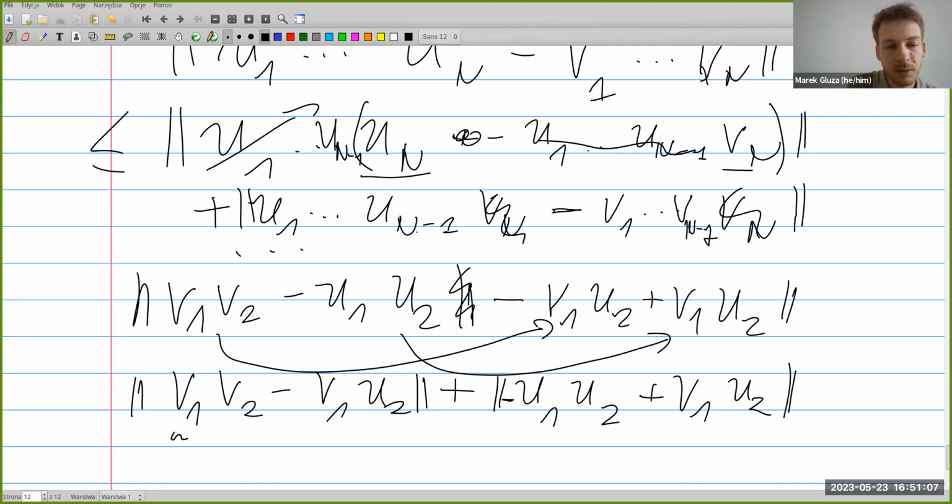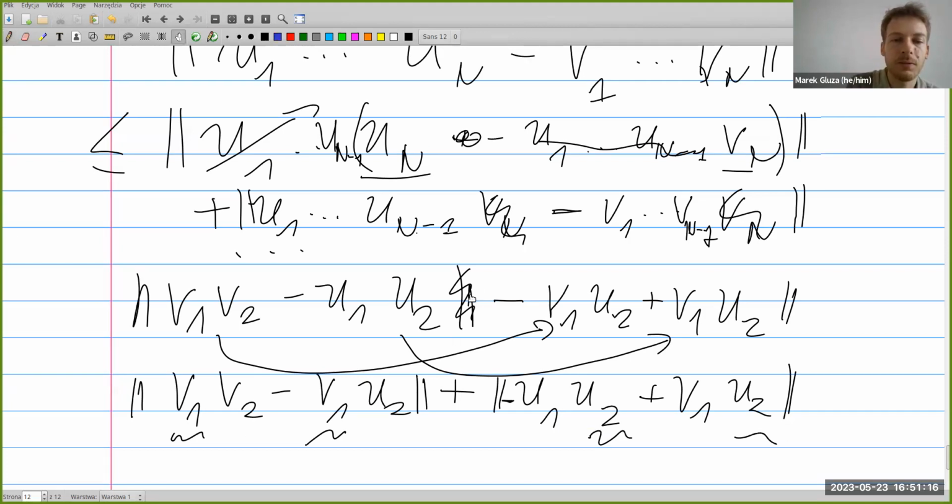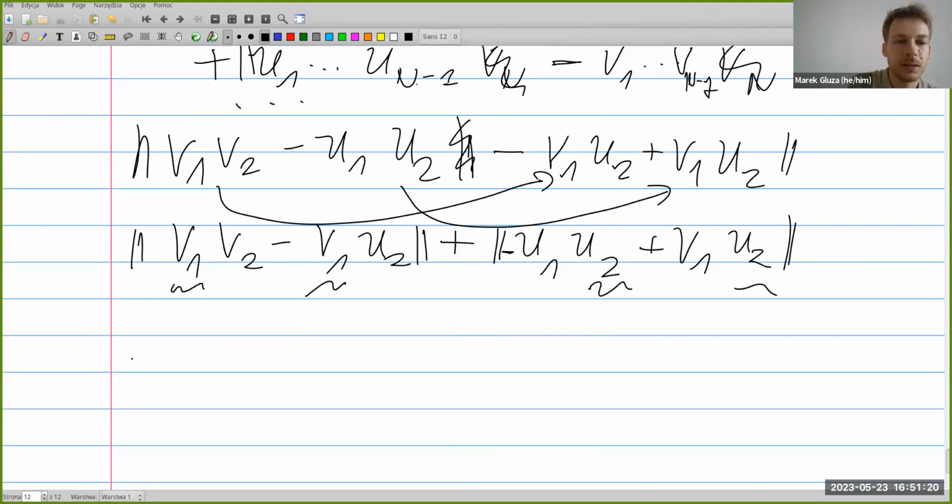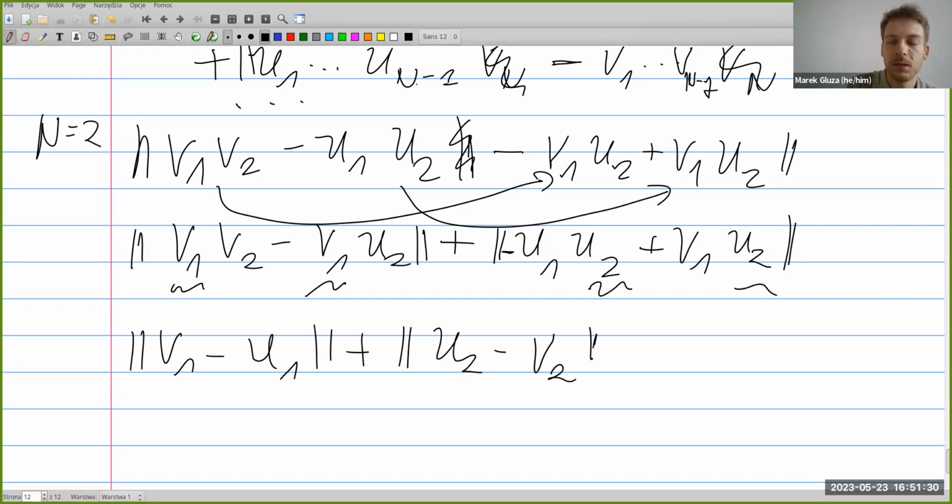So you see what we can factor out in the last step of this induction. You can factor out those two, right? So if n would be equal to 2, it would be really v1 minus u1 plus, what do we have? u2 minus v2, right?